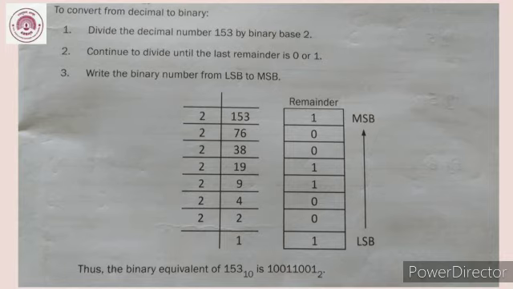So thus we have found the binary equivalent of 153 to the base 10. To the base 10 means a decimal number. Now 153, which is a decimal number, its binary equivalent is 100110001 to the base 2.